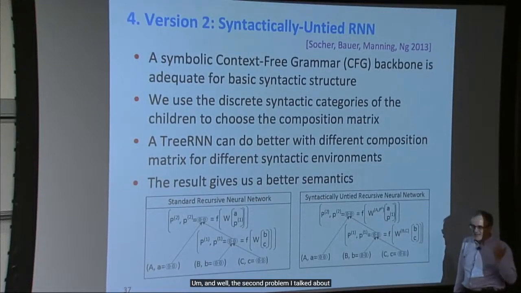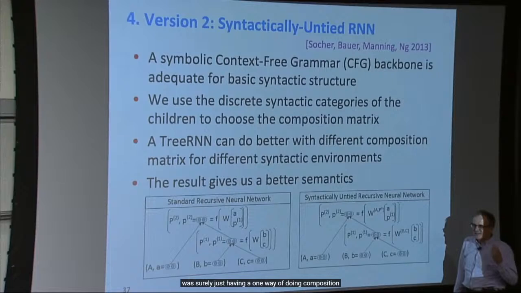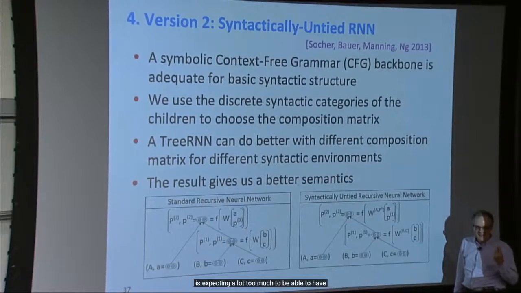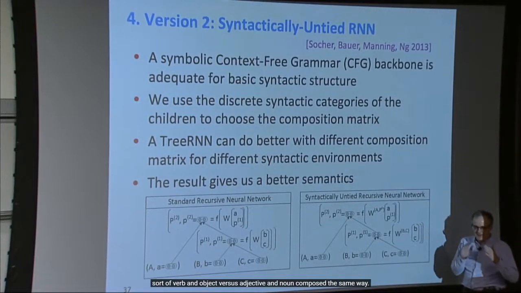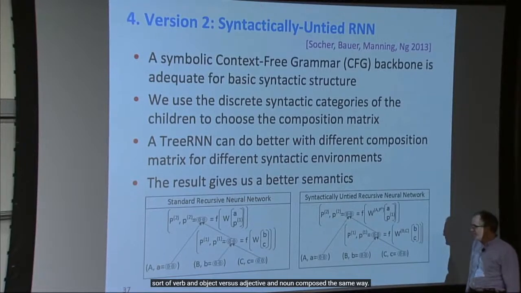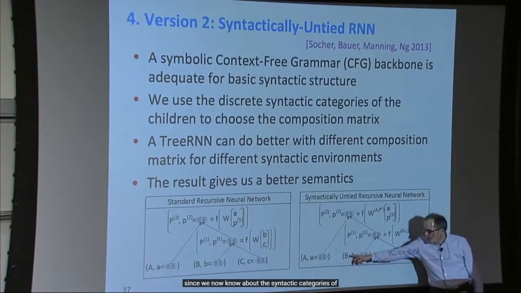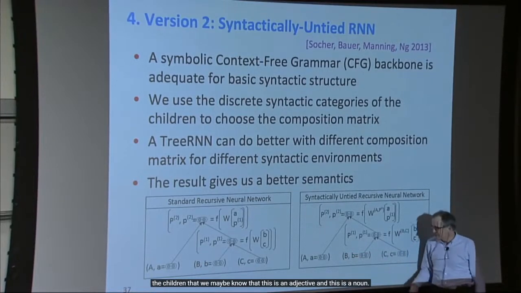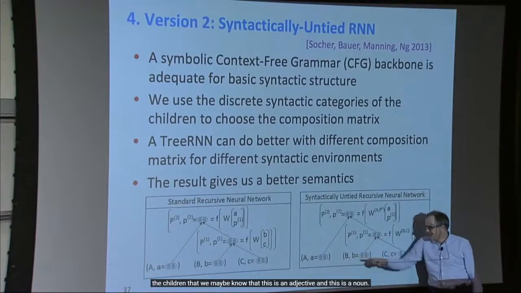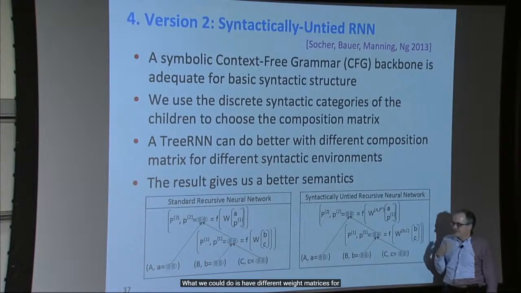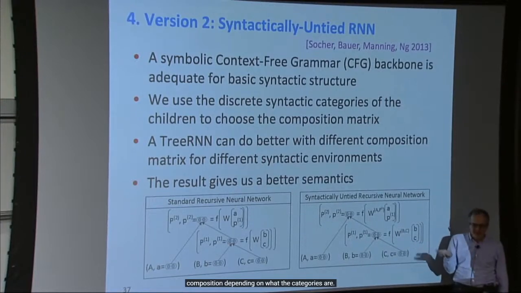And the second problem I talked about was that surely just having one way of doing composition is expecting a lot too much, to have verb and object versus adjective and noun composed the same way. So we had this idea that since we now know the syntactic categories of the children, that we maybe know this is an adjective and this is a noun, we could have different weight matrices for composition depending on what the categories are.